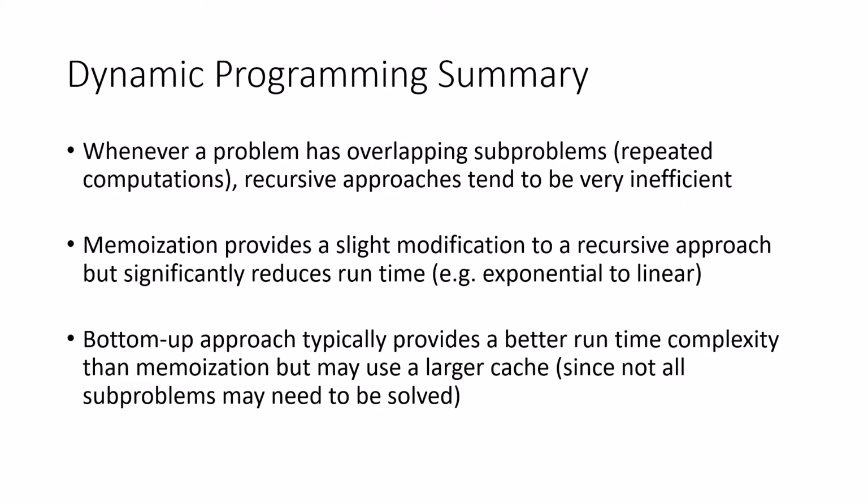So f of 5 consisted of the solution to f of 4 and f of 3, but f of 4 also consists of the solution to f of 3 and f of 2, and so on. That's what I mean by optimal substructure. The solution to your big problem consists in some way, it doesn't need to be addition like the Fibonacci sequence.